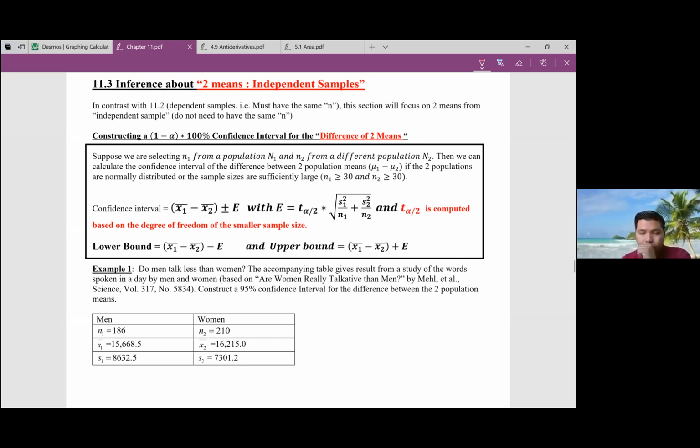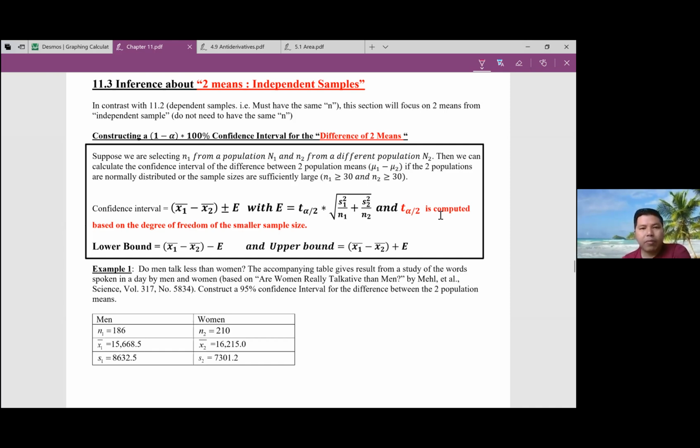Well, for this situation, t alpha over 2 is computed based on the degrees of freedom of the smaller sample size, meaning that we don't need the larger sample size to find t alpha over 2. We only need to use the sample that has the smaller size. Okay, so that's how you choose which degrees of freedom to look into. Keep that in mind.